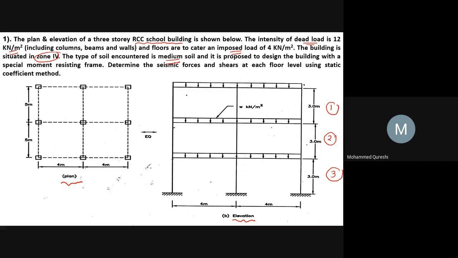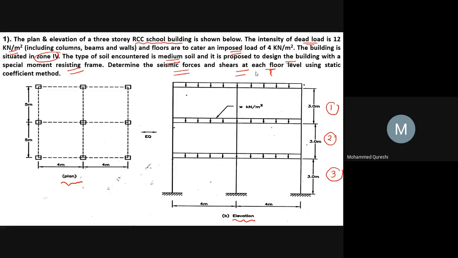This will also help us for getting the value of Sa by g, that is average response acceleration coefficient, and the building is to be designed as SMRF, special moment resisting frame. So we have to determine the seismic forces and shears at each floor level using static coefficient method.